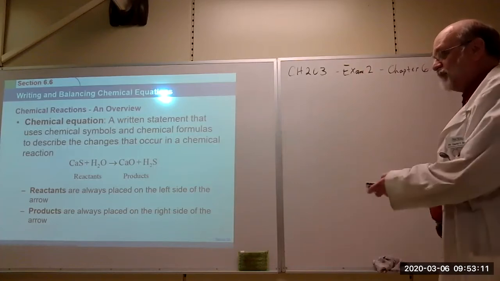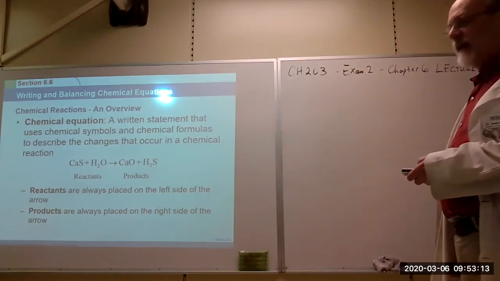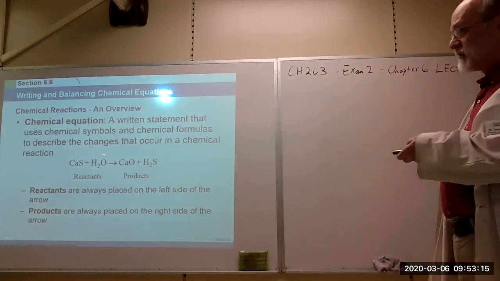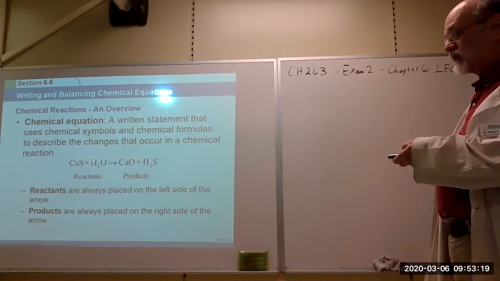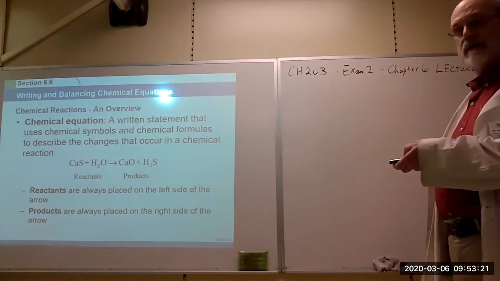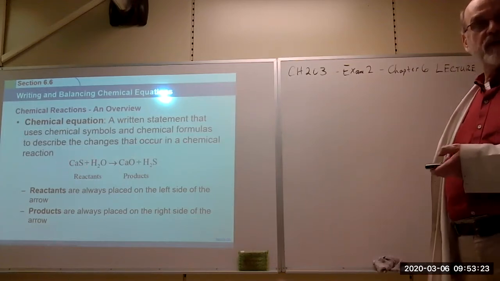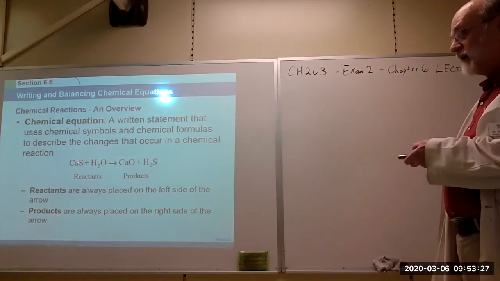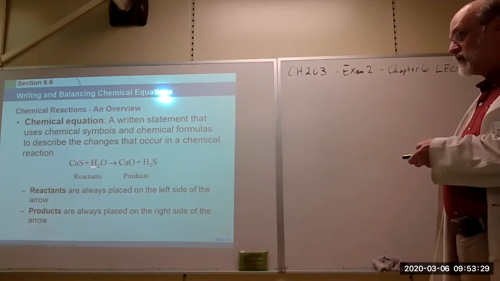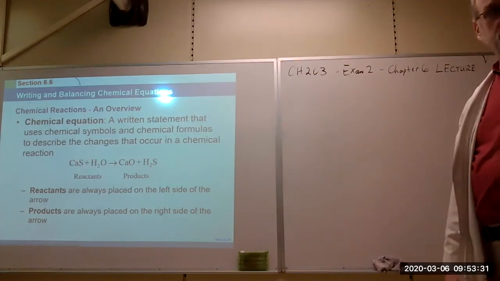So what do we mean by balancing? When an equation is balanced, first of all, you have to write the compounds and the elements correctly. That's why we spent so much time early on writing compounds. If they're not written correctly, then your equation is doomed to failure.